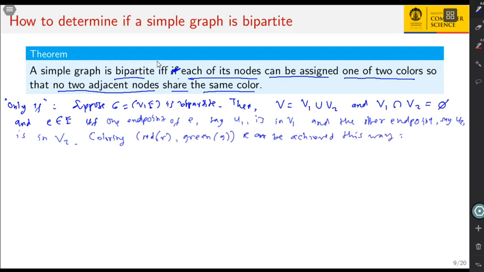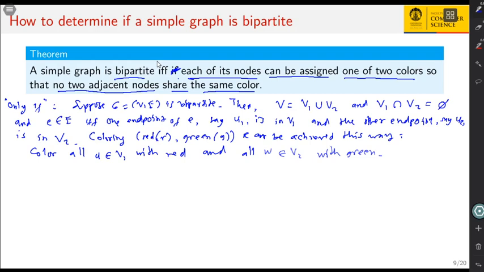So color all u in V1 with red, and all w in V2 with green.